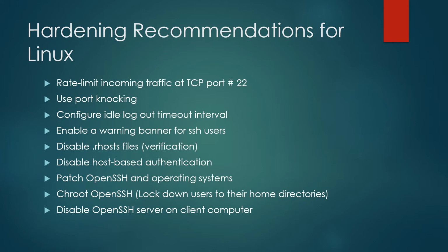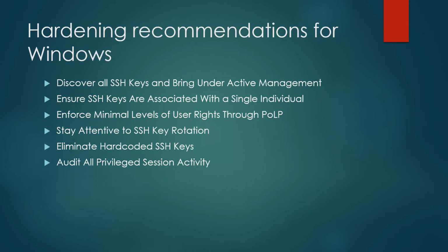Users are usually allowed to browse the server directories, such as /etc and /bin, and you can protect SSH using OS-based chroot or use special tools such as RSSH. Disable OpenSSH server on client computer, and we're going to jump into hardening recommendations for Windows now.